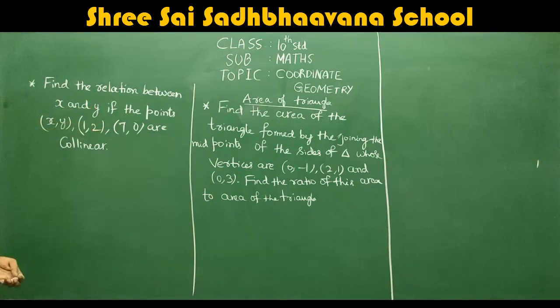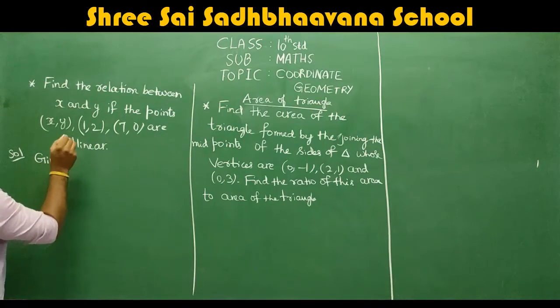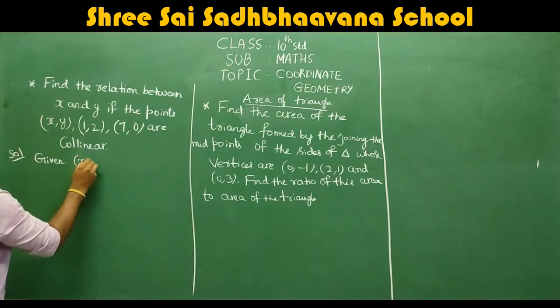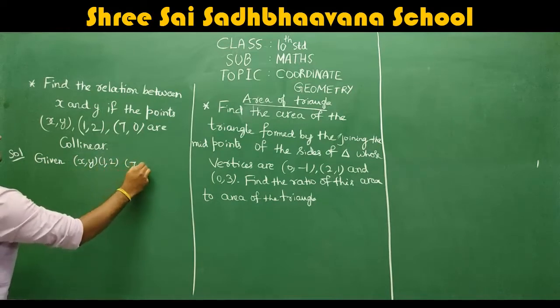Also I explained about collinearity to you. How can we prove that three points are collinear? If they are collinear, what is the condition? We have to take that condition. What are the points we have? x comma y, next 1 comma 2, 7 comma 0.